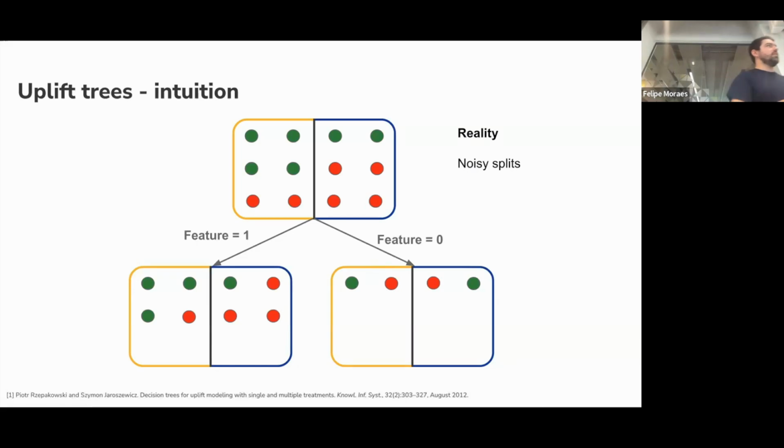So the end goal is to really understand the effect of the features, to find the subgroups in the data that have the biggest causal effects. You are interested both in positive and negative ones. So you want to find the ones that separate better and have a purer effect.